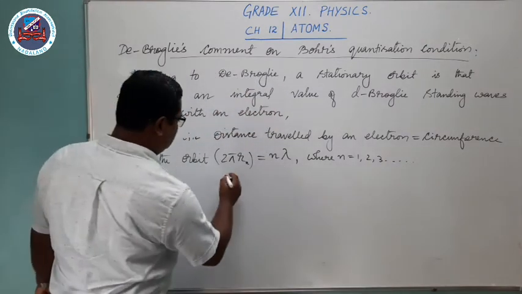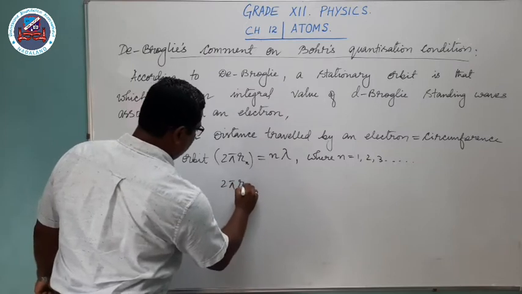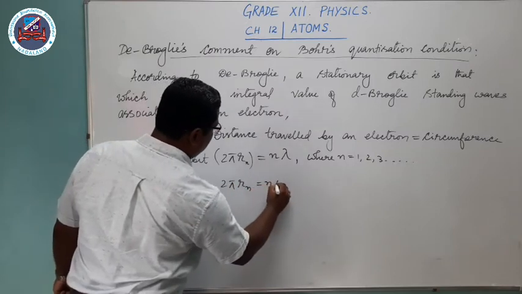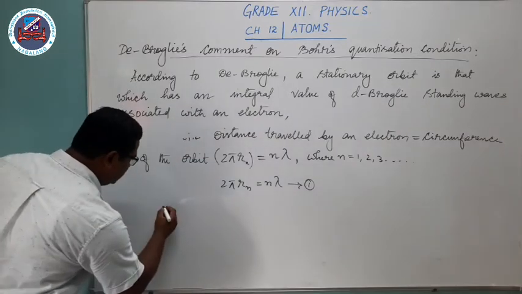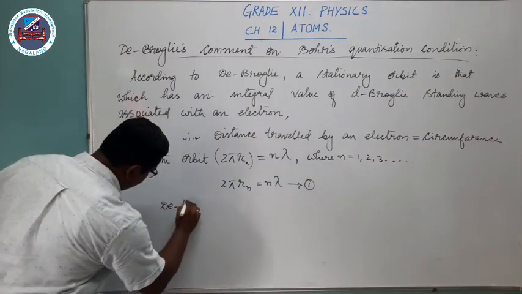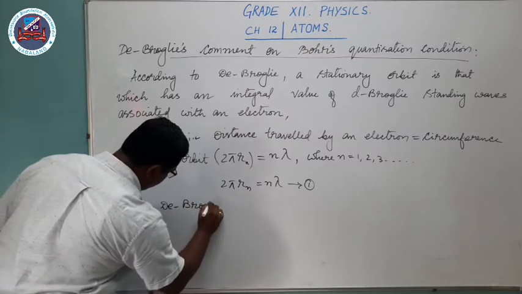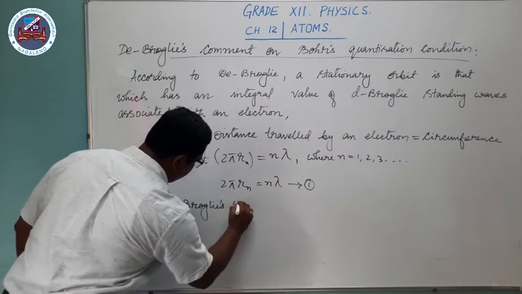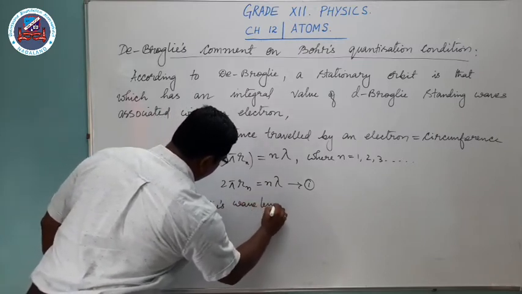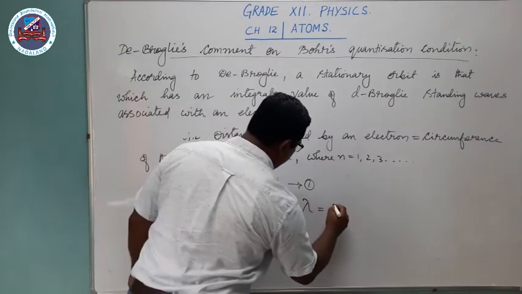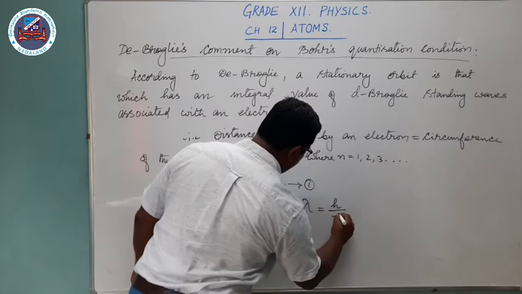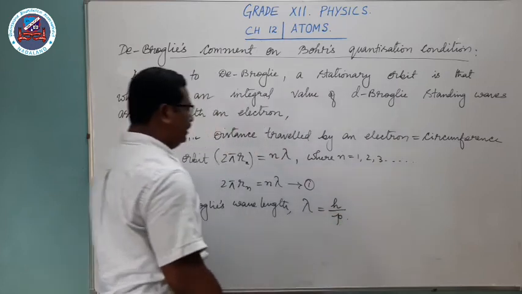Now if we write it like this, it's equation number 1. De Broglie's wavelength lambda is equal to Planck's constant divided by momentum p.